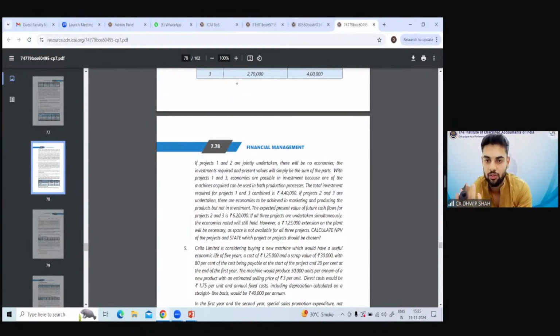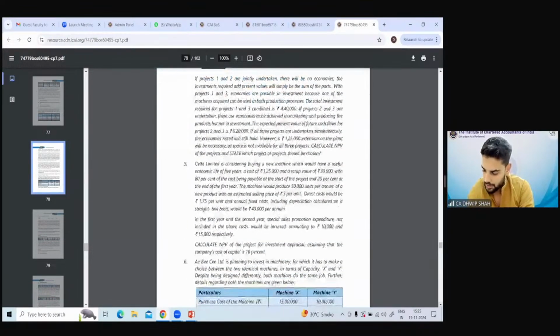So that's why I have to take it under outflow. Okay? It is specifically mentioned that if all the 3 projects are taken together, then 125,000 of extension on plant will be necessary for all the three projects. So that's why I've taken it as outflow.